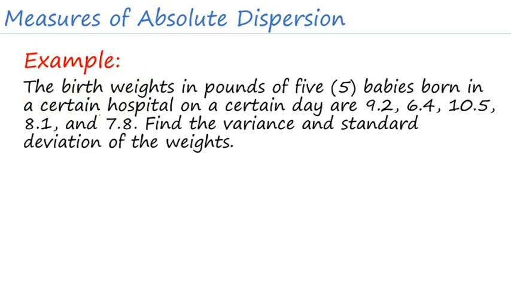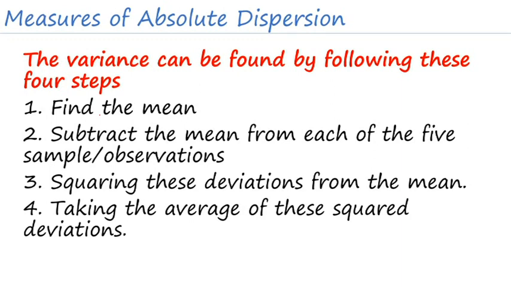Okay, example. The birth weights in pounds of 5 babies born in a certain hospital on a certain day are 9.2, 6.4, 10.5, 8.1, and 7.8. Find the variance and the standard deviation of the weights. Okay, let's start with this one. So, yung steps natin sa pagkuha ng variance, first, it's that we have to find the mean.